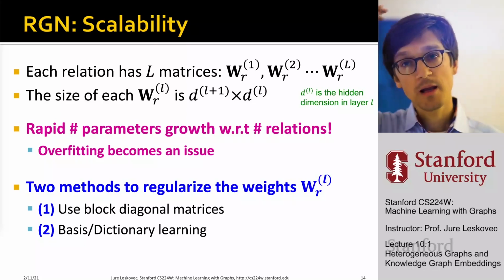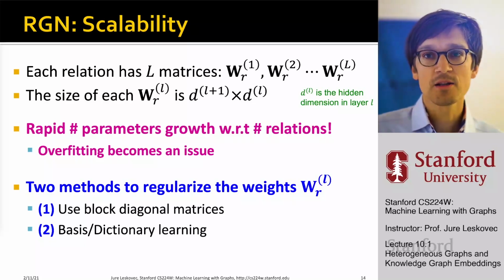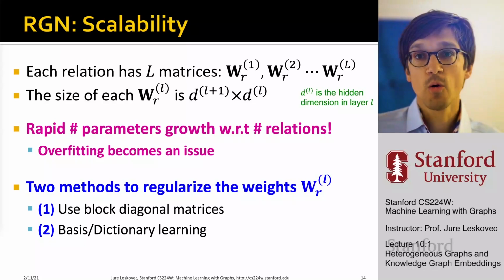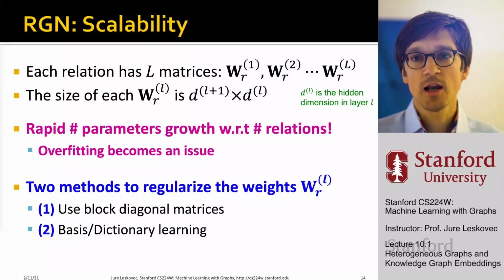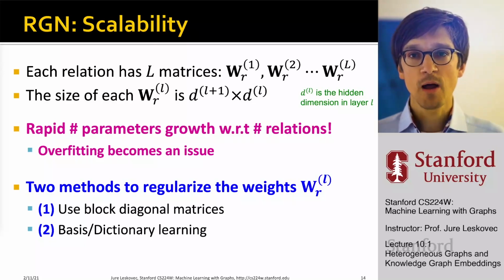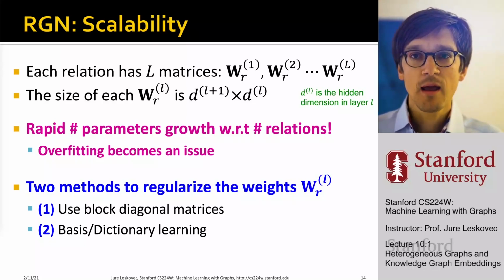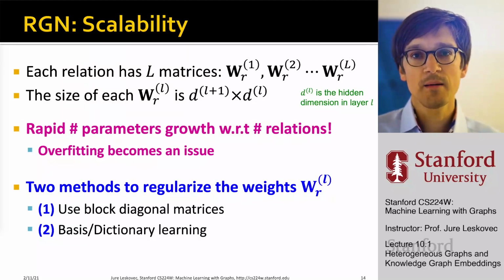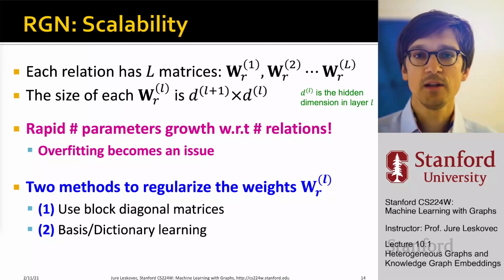And the problem then becomes that the number of parameters of this RGCN model tends to explode because it grows with the number of different relation types. And there can be thousands of different relation types. One problem is that the model becomes too big to train. And the other problem is that the model has too many parameters and overfitting can quickly become an issue.